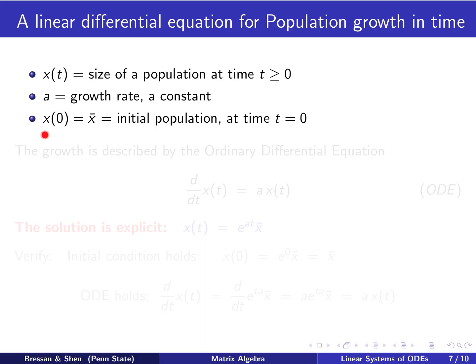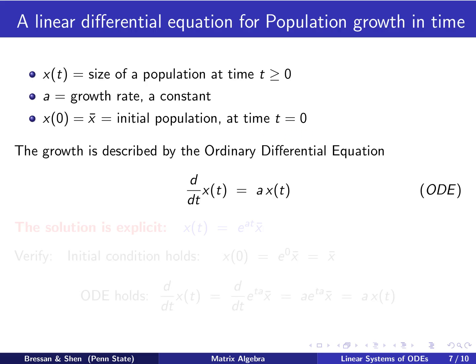And then you are given x0, which is x bar, that will be the initial population at time 0. For such a model, the growth is described by the following ordinary differential equation. So the rate of change, d/dt, of the population x(t) equals the rate a times the population x(t). We call this an ODE.